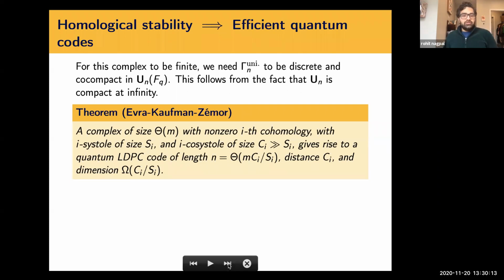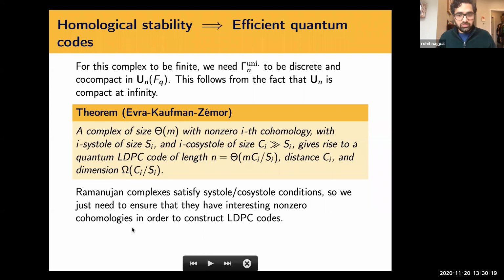Right. Okay, so let's try and see if we can do something with it. All we have to do is make sure that we have interesting non-zero cohomologies of this Ramanujan complex that we constructed by quotienting by the action of the unitary congruence subgroup.